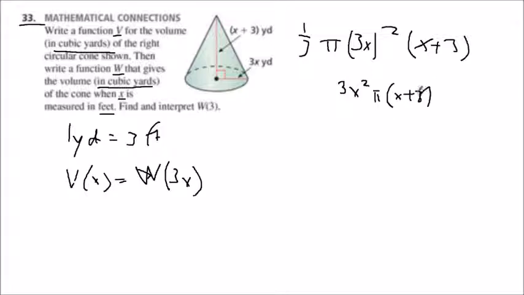I should have done 3 pi x squared. And then that will be 3 pi x cubed plus 9 pi x squared. And that is, I think, yeah, that's the v of x.